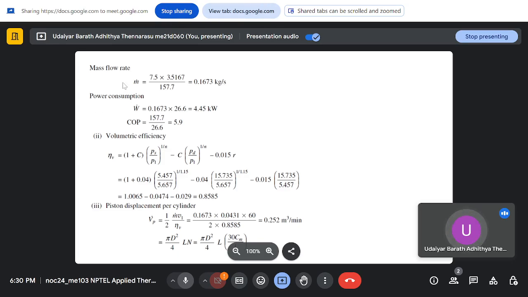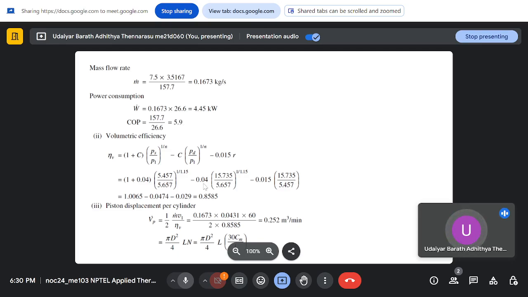The total power consumption will be my mass flow rate into specific work, which comes out to be 4.45 kilowatt. So the COP is the specific refrigerating effect divided by the specific work, which gives you 5.9. So that is the COP.